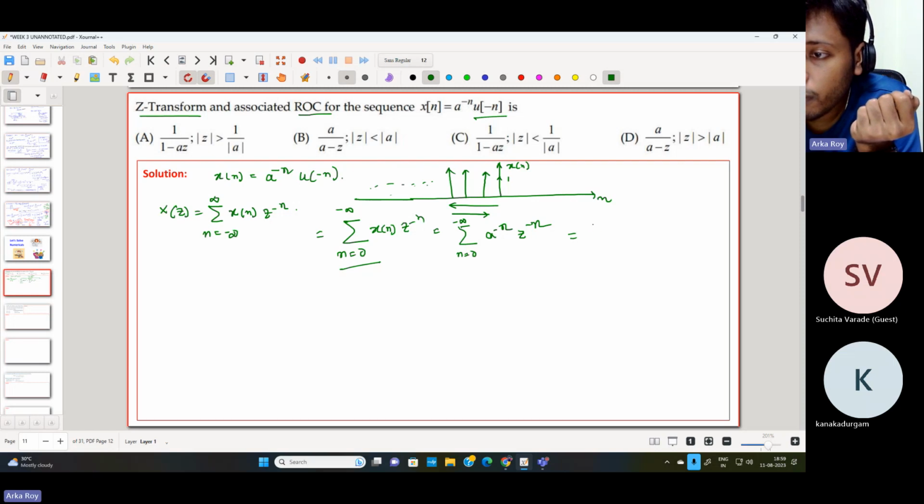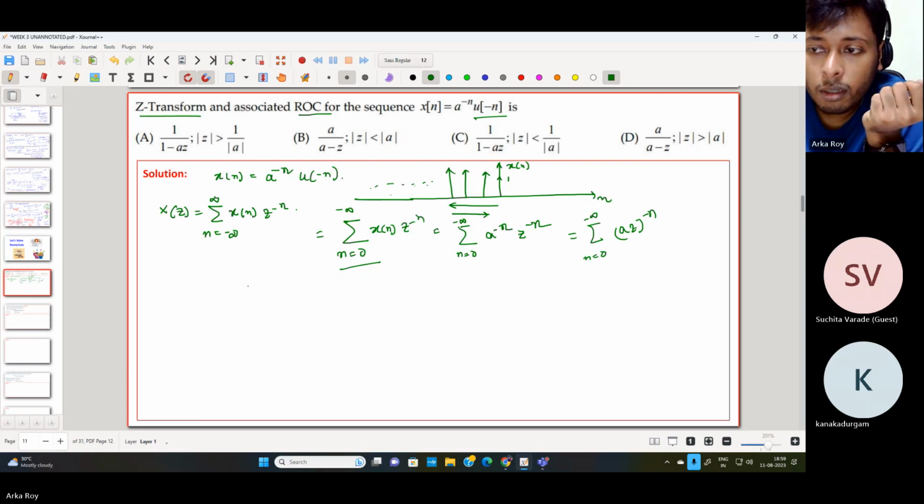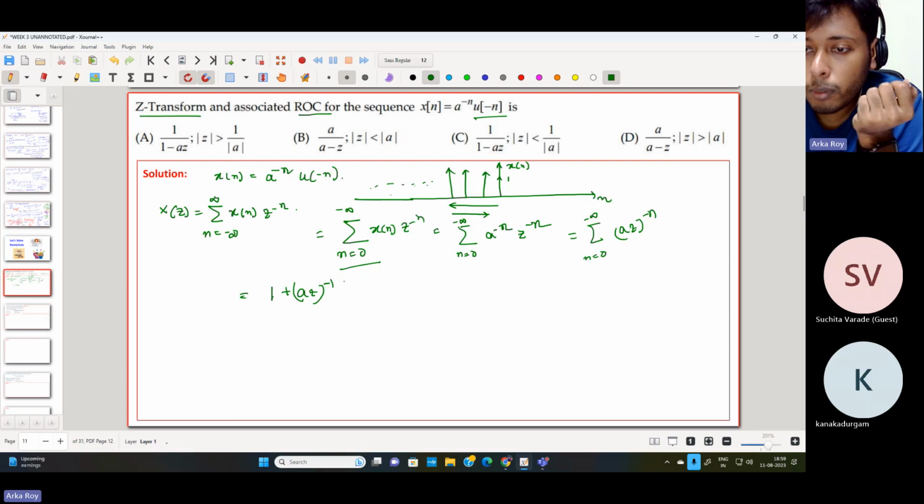I can break the summation as 1 plus az to the power minus 1, az to the power minus 2, and so on to infinity.